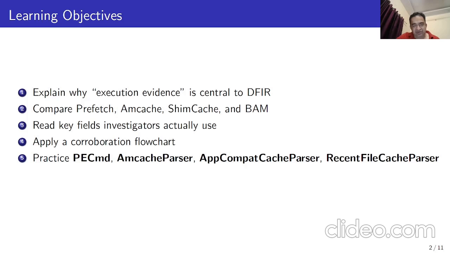Here I'll give just the theoretical introduction, but in later lectures in this series I will do the hands-on practice as well. An example includes producing a CSV from the PECmd tool and identifying the last run time of chrome.exe plus reference download paths.